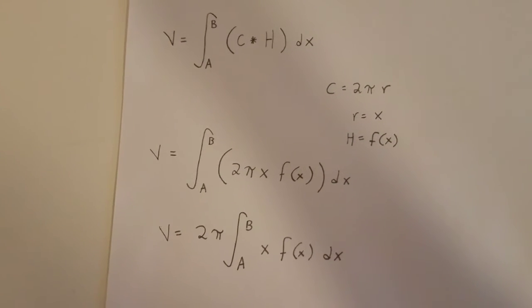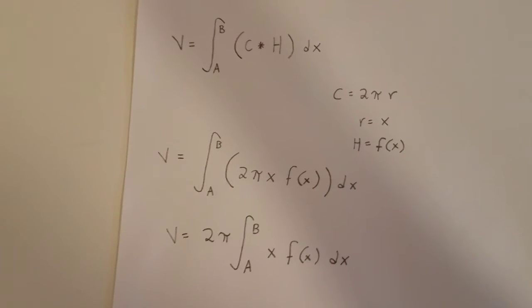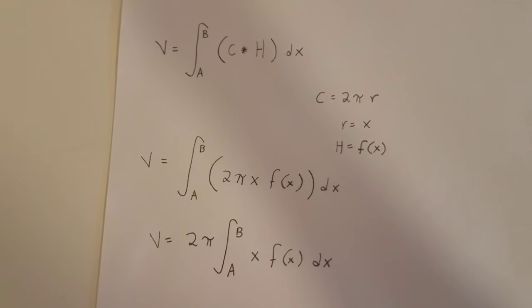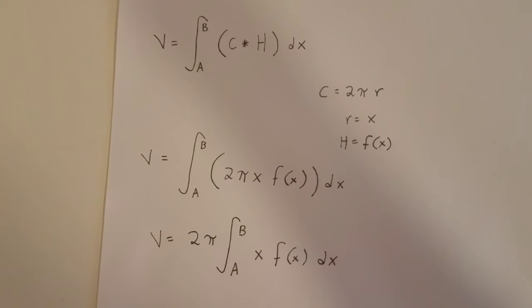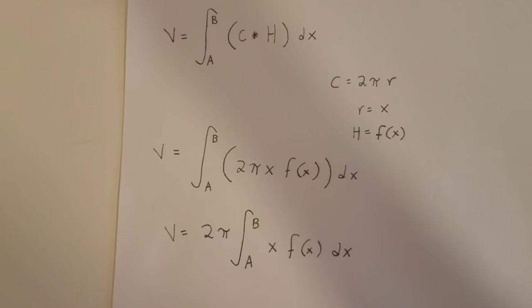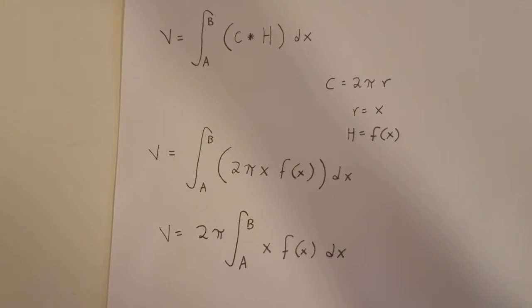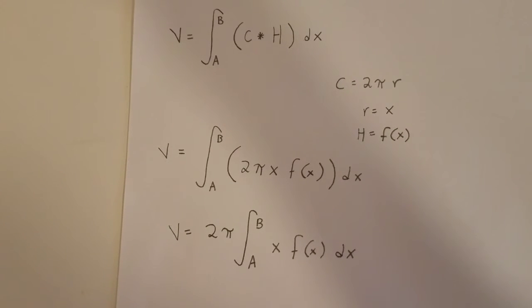So we don't have to worry about the axis for now. And we know that the height of each of those little cylinders is just the function of that x. So we end up with a volume of 2 pi x times f of x dx, and since 2 pi is a constant, we can bring that up front, and we end with x times f of x.